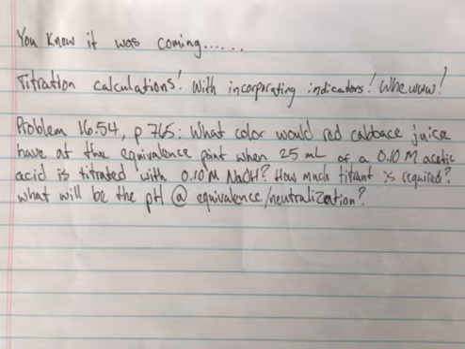Problem 16.54 on page 765 states, what color would red cabbage juice have at the equivalence point when 25 ml of a 0.1 molar acetic acid is titrated with 1.1 molar NaOH?